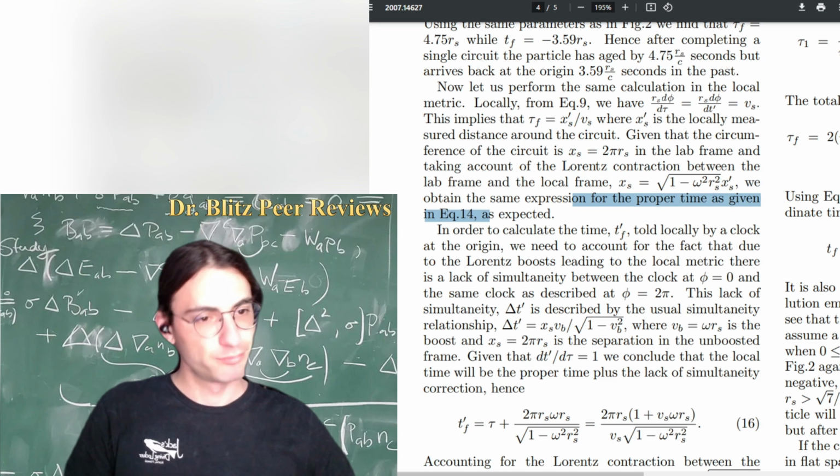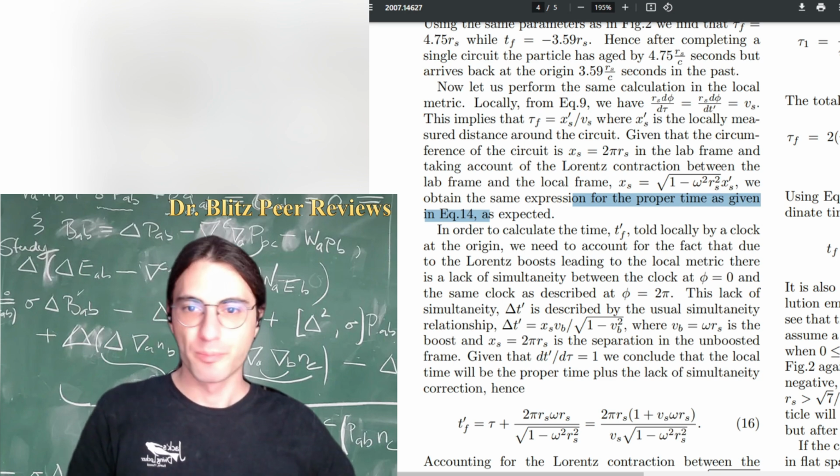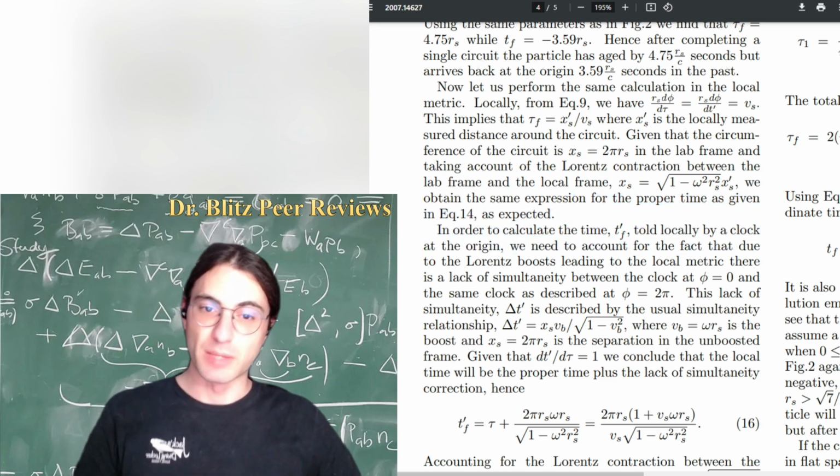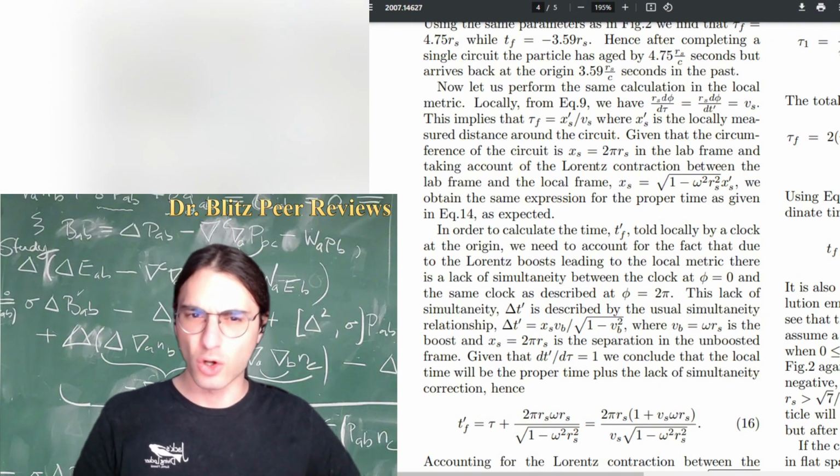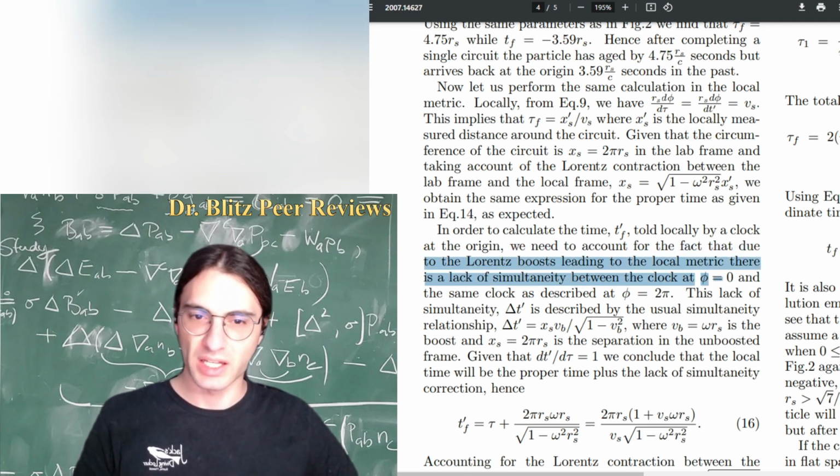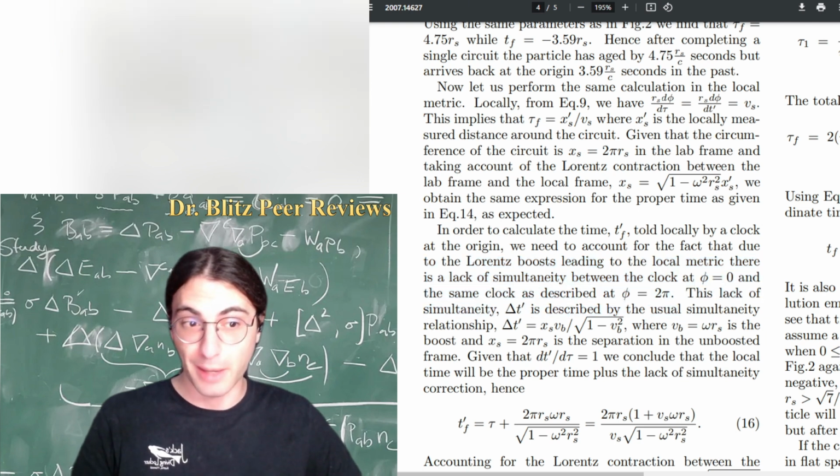As expected. Good. Now, in order to calculate the time t prime sub f, which is told locally by a clock at the origin, we need to account for the fact that due to the Lorentz boosts leading to the local metric, there's a lack of simultaneity between the clock at phi equals 0 and the same clock as described at phi equals 2 pi. This is getting kind of confusing.